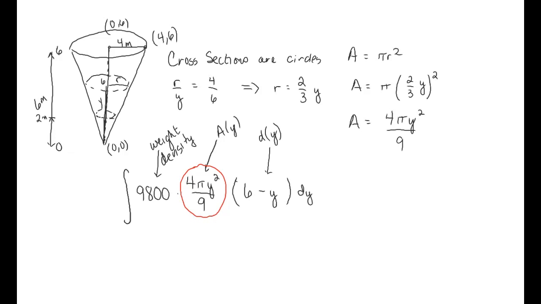And then you have your little thickness piece, so your variable of integration. That's really the vertical change. That's your delta y piece. Then those are all the pieces that you need. So I think the first and the fourth are kind of free, right? The weight density is free, and the fact that we have a dy there is kind of free. So the difficult pieces are the area function and then the distance move function.